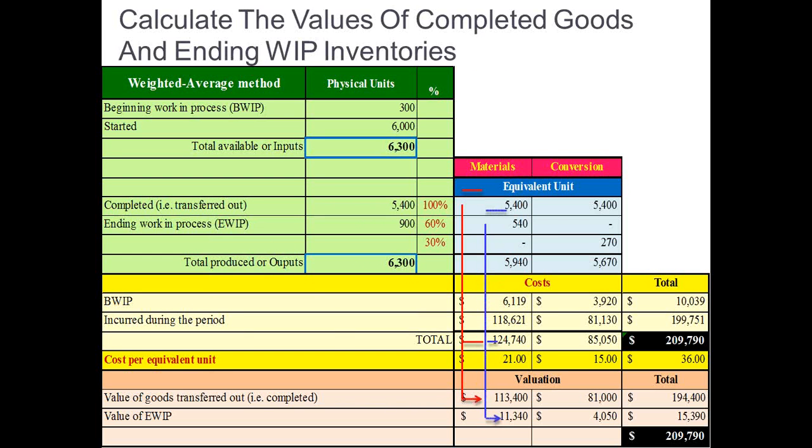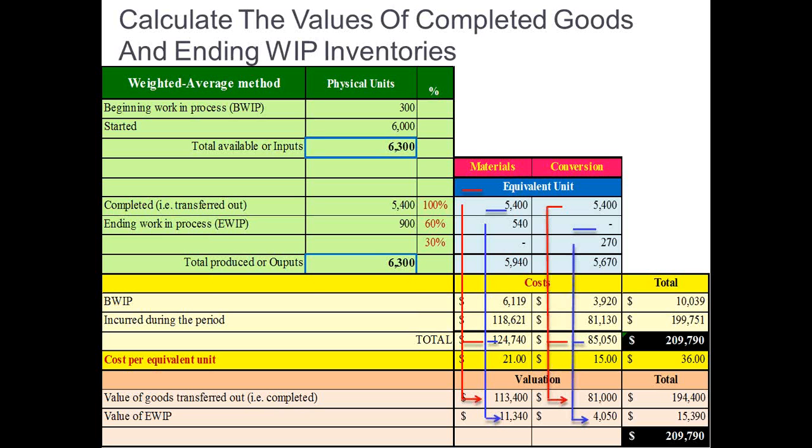Let's calculate the values of completed goods and ending work in process inventories. The values of materials for the completed goods, which are goods transferred out to the next process, can be obtained by multiplying the equivalent unit of completed goods and the cost per equivalent unit within the materials column. Similarly, the value of ending work in process for the materials can be calculated by multiplying the equivalent unit of ending work in process and the cost per equivalent unit within the materials column.